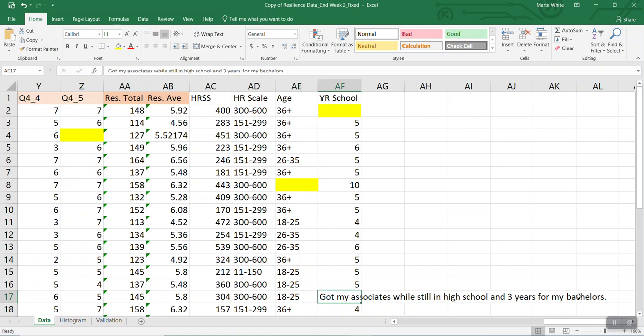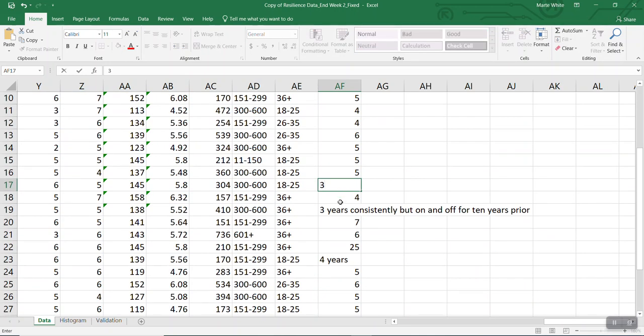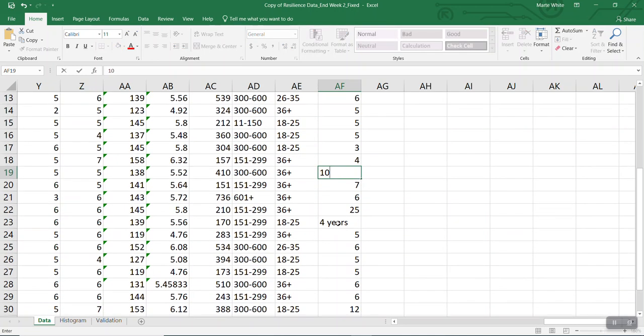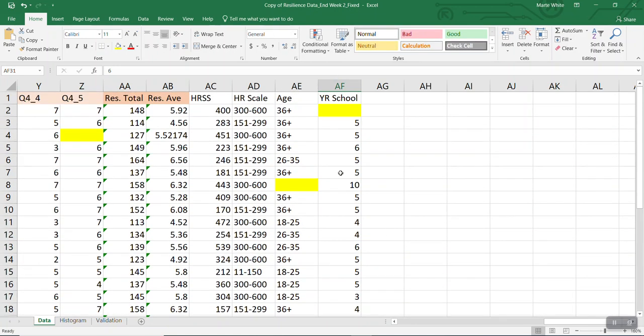So I guess we're going to call that college. It's post high school, so we're going to call that 3 years. 3 years consistently, but on and off for 10 years prior. So they've been 10 years off and on taking school. And this one here just need to make it a 4. So now we have all numbers there.